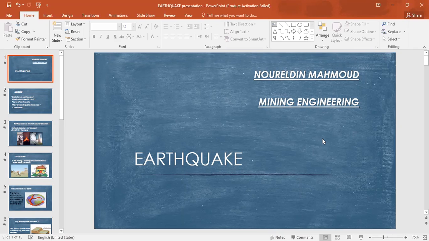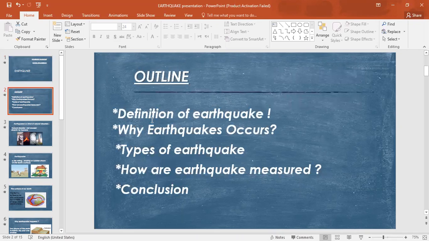Our presentation today will be about earthquake. We will discuss the earthquake definition. After that, we will go through the occurrence of earthquake, why earthquakes occur. After that, we will have an idea about the types and classification of earthquake.